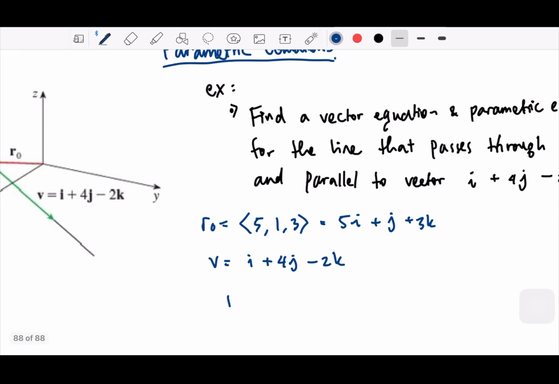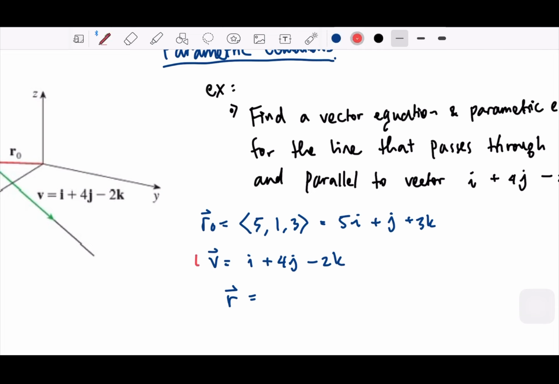Now we can write our R. Let me take these vectors. We can add all this x-axis, y-axis, and z-axis, all these i, j, k. We can add, and don't forget to multiply v with the parameter t, because we have the scalar t in our general formula that we need to define.